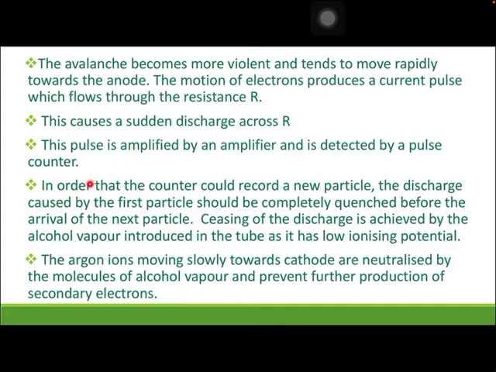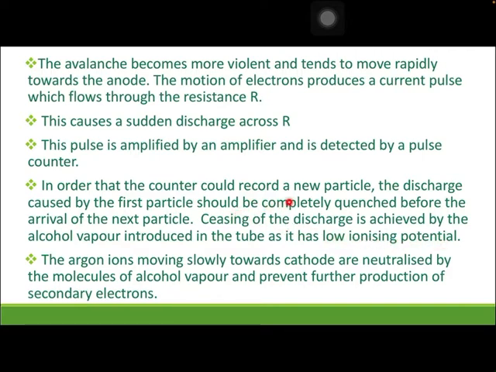In order that the counter could record a new particle, the discharge caused by the first particle should be completely quenched before the arrival of the next particle. Ceasing of the discharge is achieved by the alcohol vapor introduced in the tube, as it has low ionizing potential.